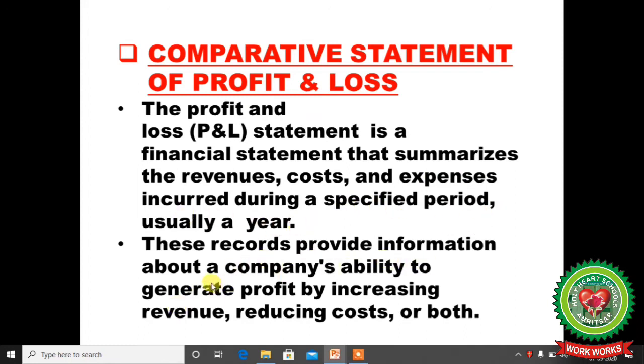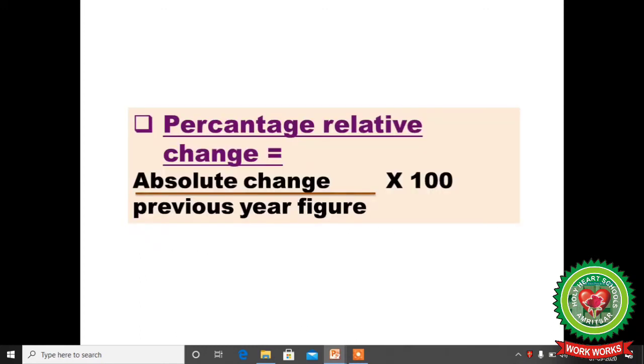These records provide information about the company's ability to generate profit by increasing revenue and reducing cost. So if a company wants to reduce cost, check which year is more and which year less, and through the efforts of which item or department the cost was less in that particular year.